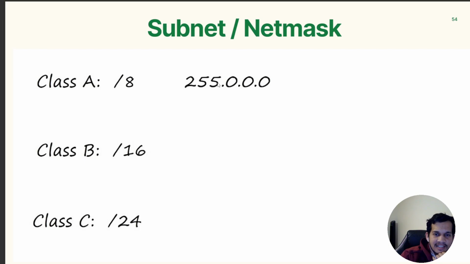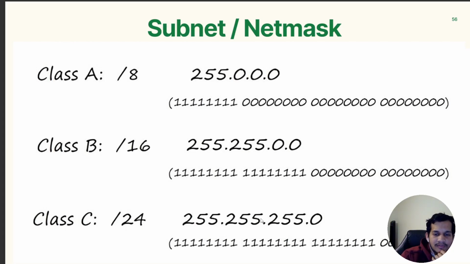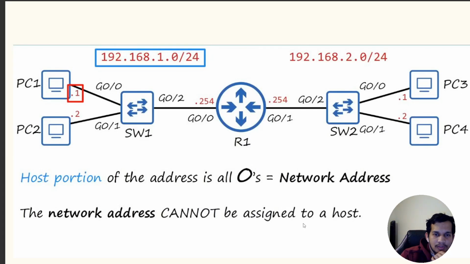For /8 it's 255.0.0.0, for /16 it's 255.255.0.0, and for /24 it's 255.255.255.0.